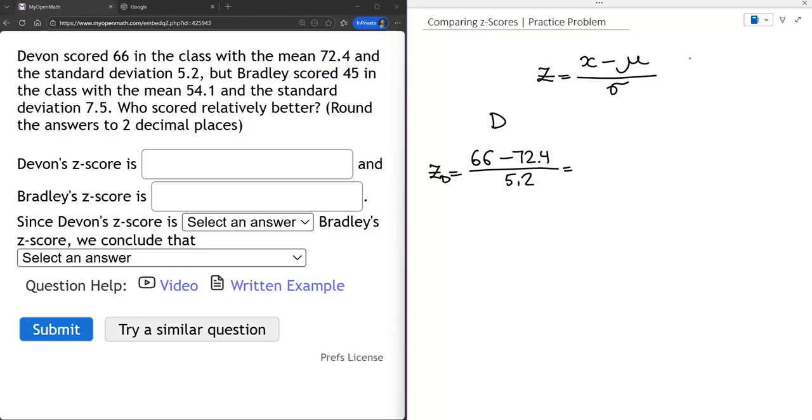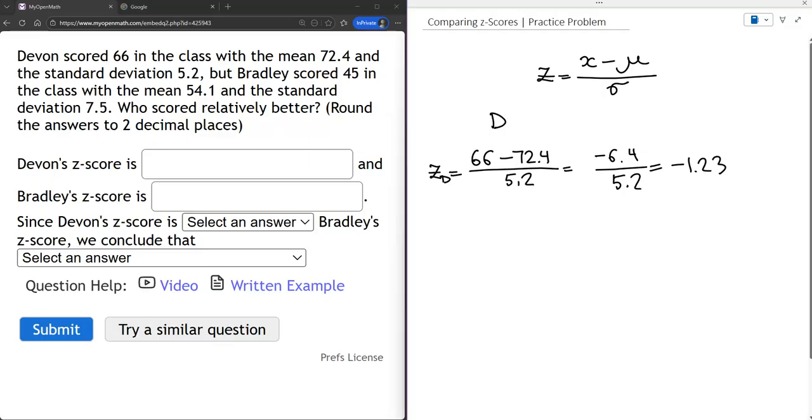And let's continue. 66 minus 72.4 is negative 6.4, and we divide it by 5.2. Negative 6.4 divided by 5.2 is negative 1.23.